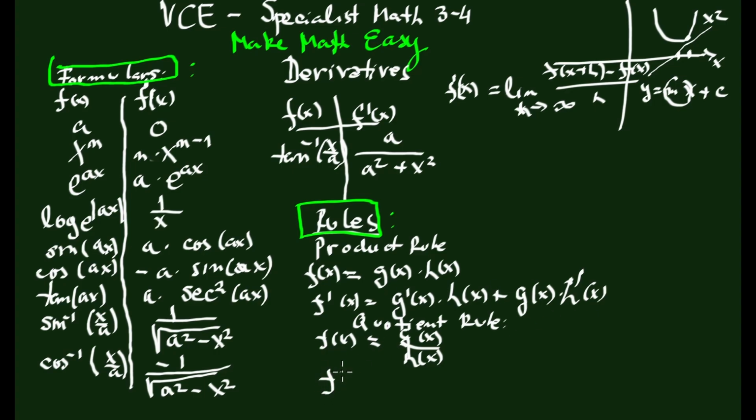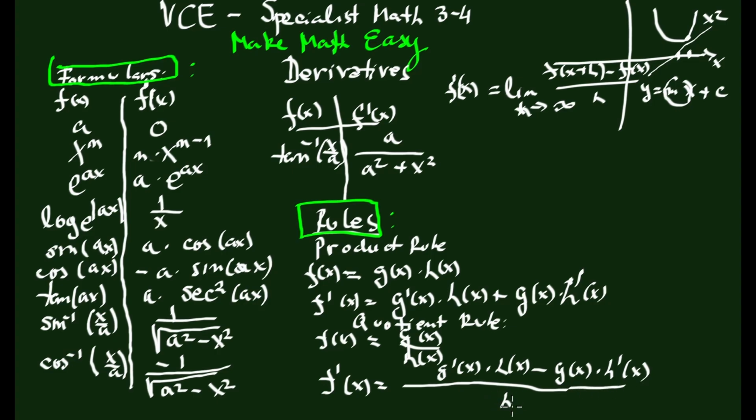So f prime of x equals g prime of x times h of x minus g of x times h prime of x, and then it's all divided by h of x on the power of 2. That's your quotient rule.